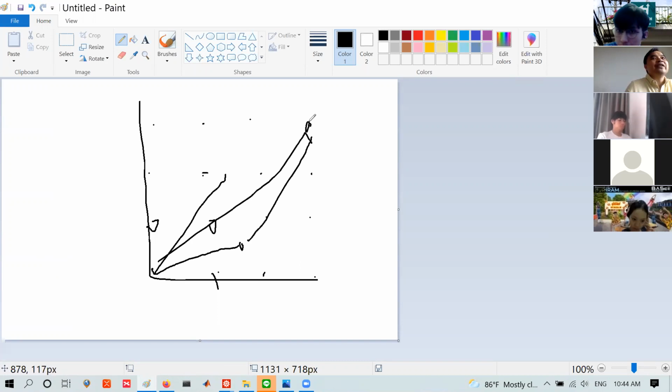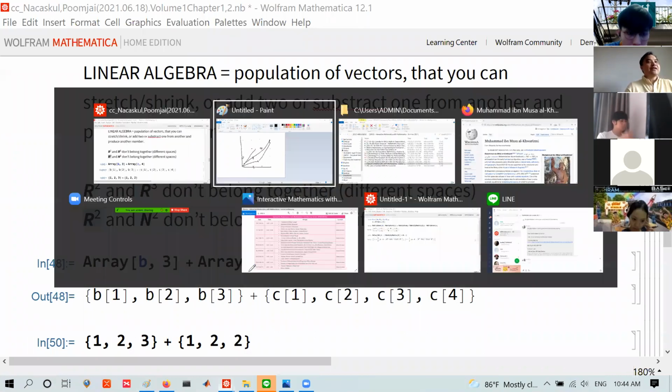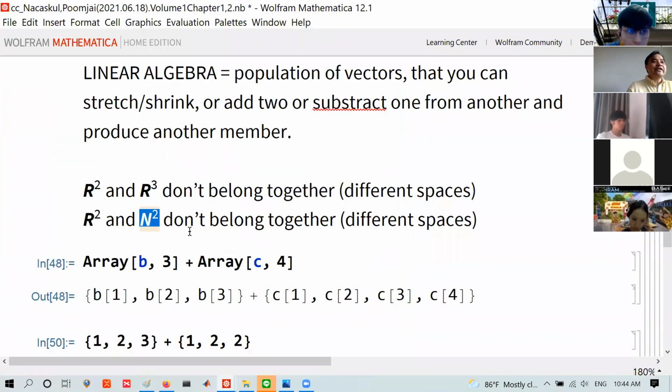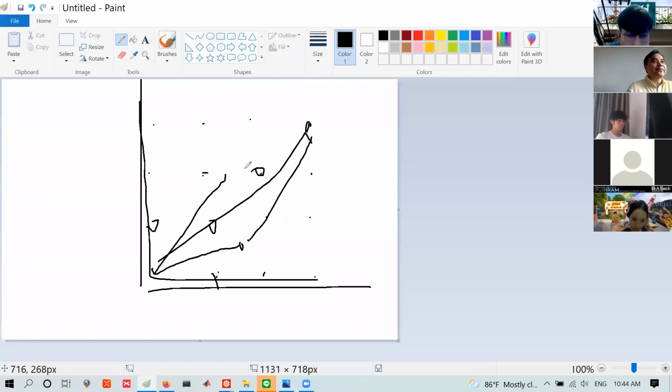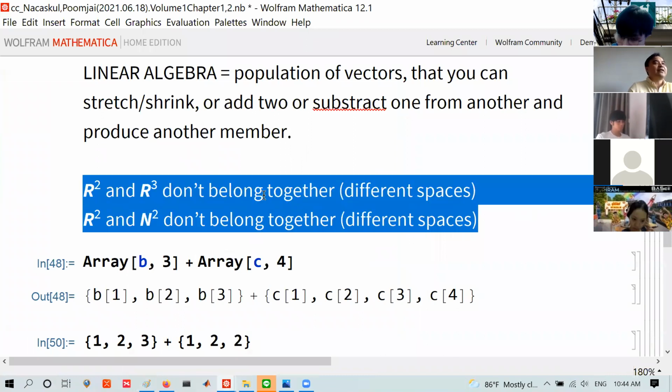So you never land on a grid point, or you can land on the point, right? So in this case, R2, real number, coordinate, continuous, x1, x2, and N2, which is just the integral restriction to just the grid points, they're not the same space. So a member of R2 can add together and produce something that doesn't belong to N. So really, you don't mix them. They're different spaces.